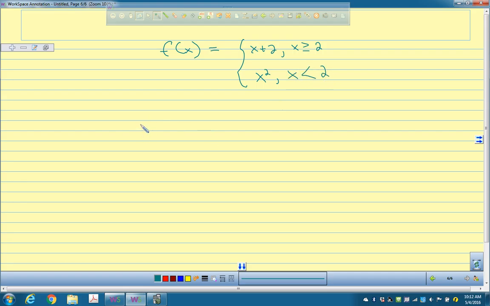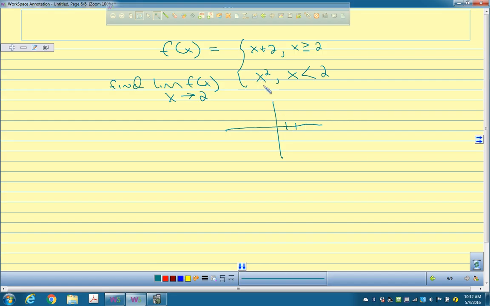So you want to find the limit of f of x as x goes to 2, okay? So what you have to do is it might help to have a picture of it, okay? But this says everywhere up until 2, I have the function y equals x squared.